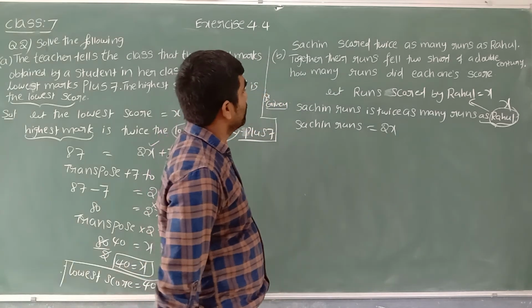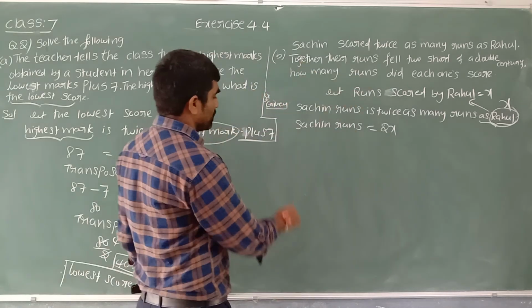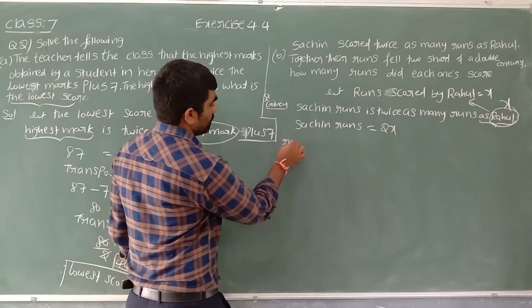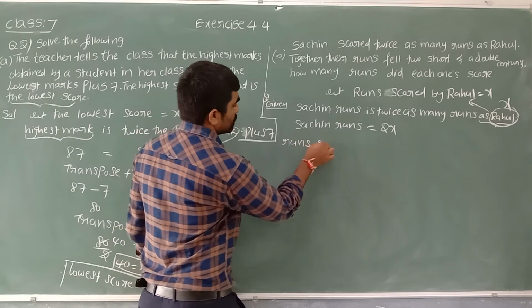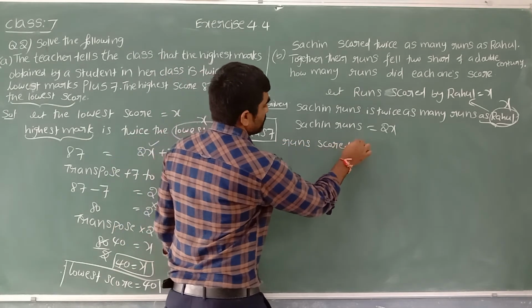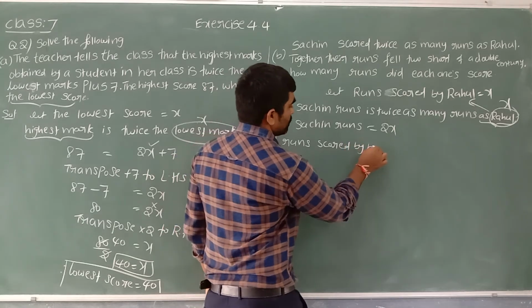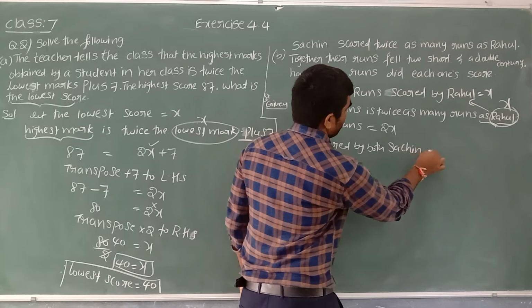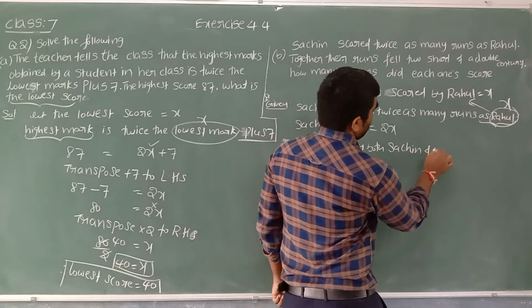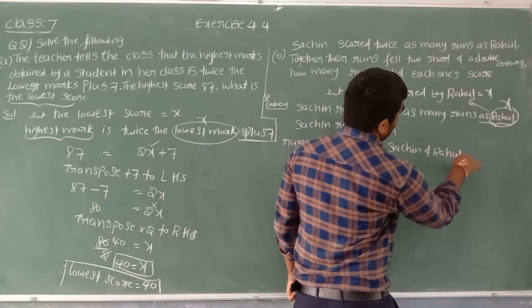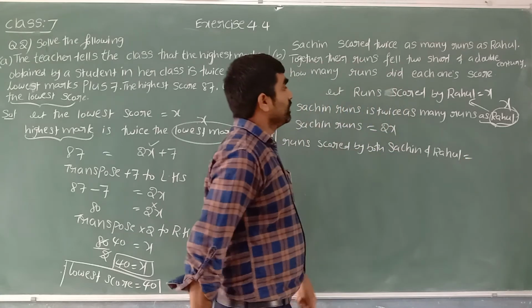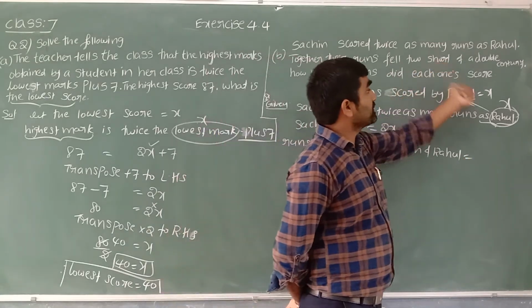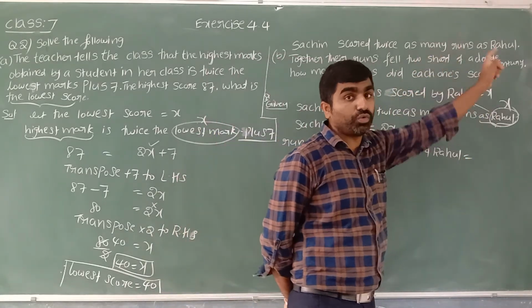Now both together. Yes. Now we can write runs scored by both. Who were both? Sachin and one more character, Rahul. They said both together 2 less than double century, 2 less than 200.